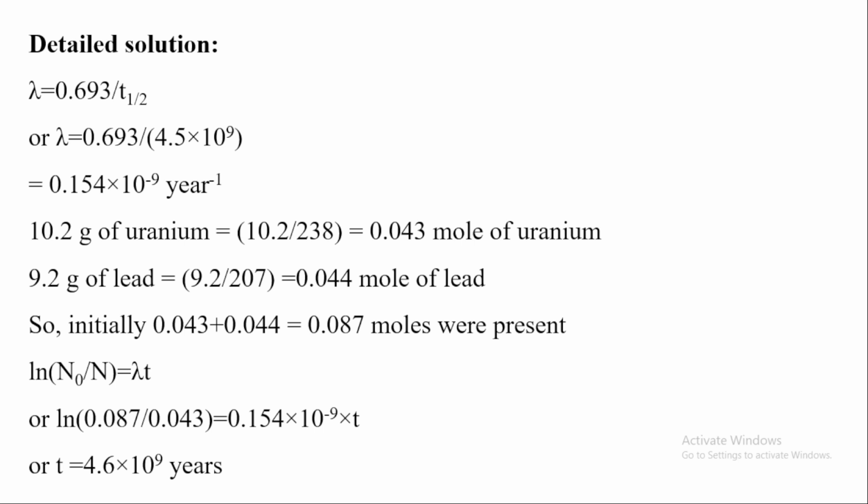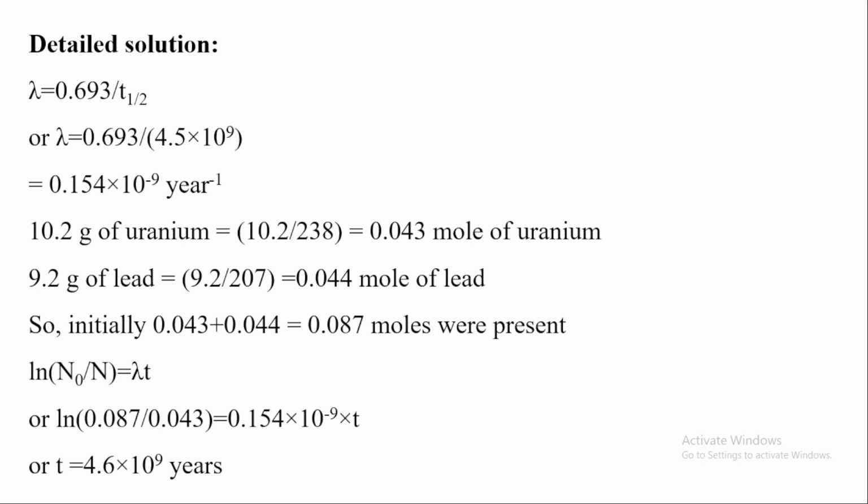That means initially, what was the amount of element present? Uranium is only decaying into lead, so the amount of lead that is present currently was also uranium once upon a time. 1 mole of uranium gets converted into 1 mole of lead.